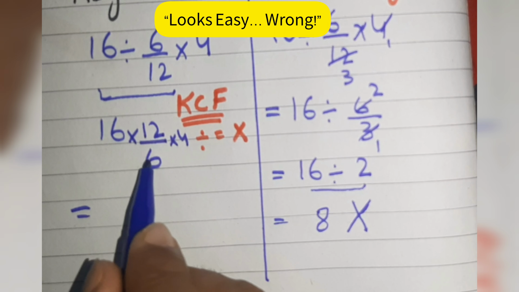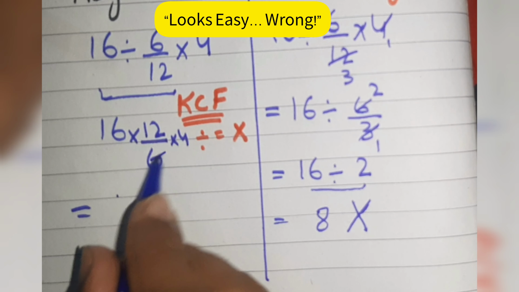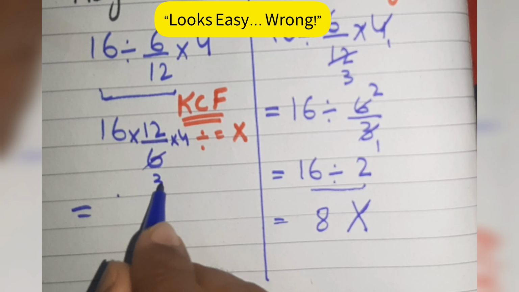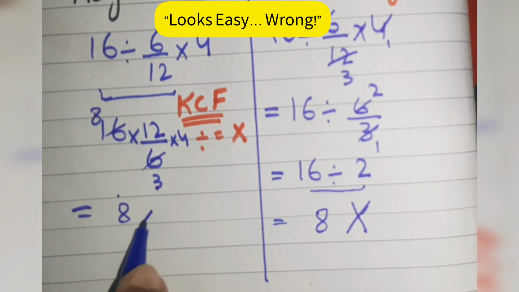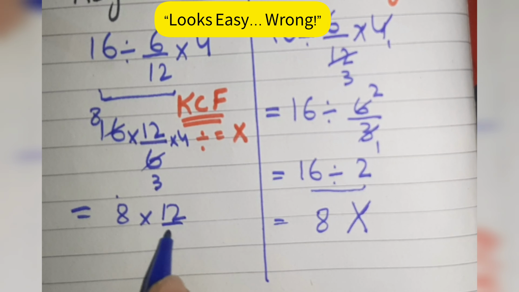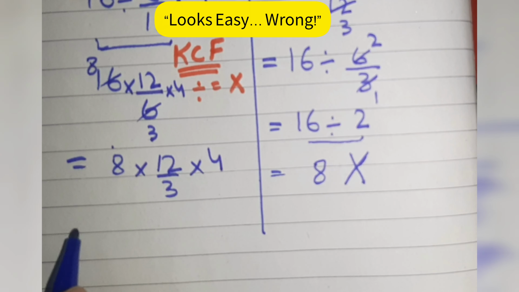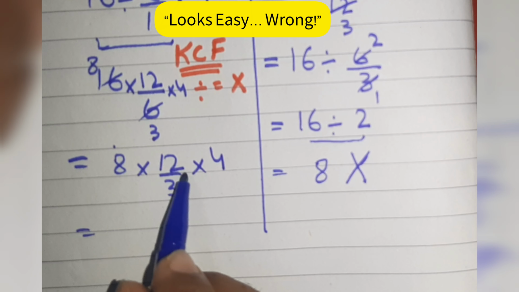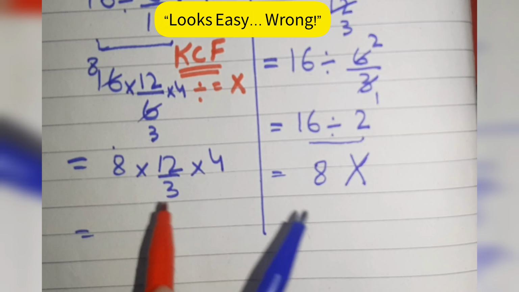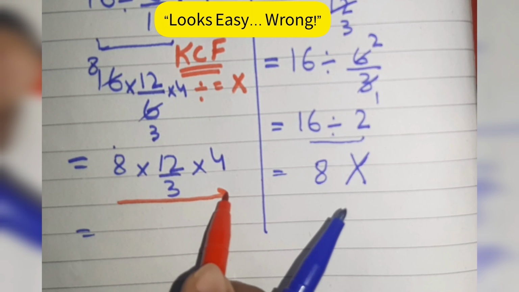Then 6, 3, 2 tables, 3 and 8. 8 times 12 upon 3 times 4. Here there are only multiplication symbols, so we will solve all of these.